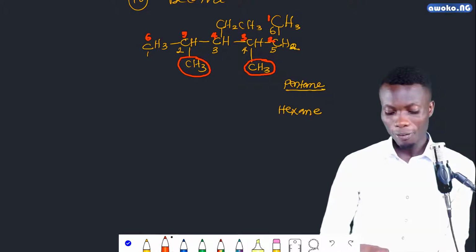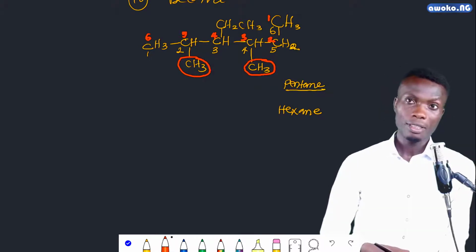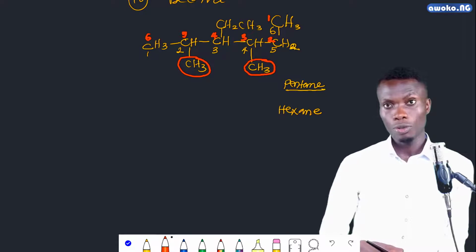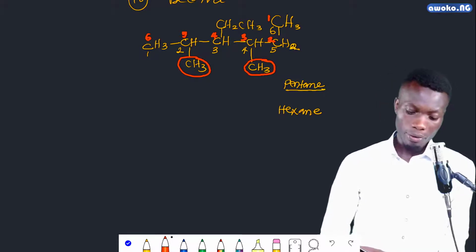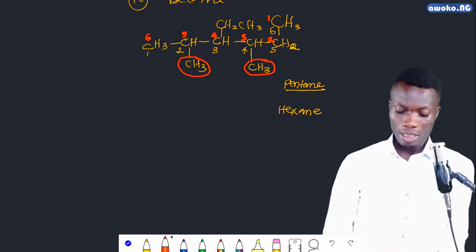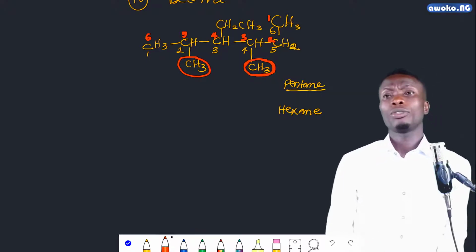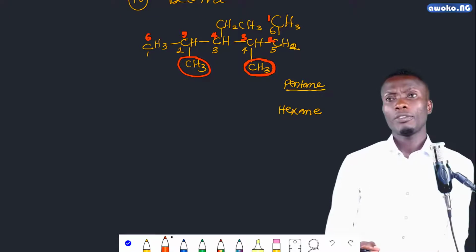If I counted from the right, I had my first branch at position 3. So I compare these two. Between 3 and 2, which one is the least? Of course, 2 is lower than 3.